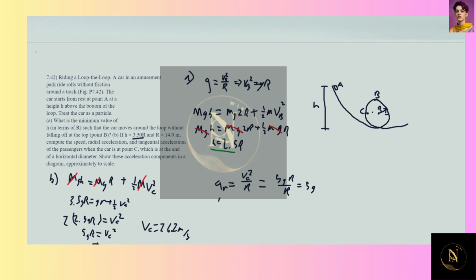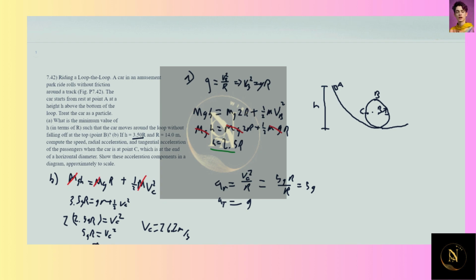And we have our tangential acceleration. The car is not experiencing any normal force in the tangential direction at point C, and it's going straight down, which is tangent to the circle. So that should just be our gravitational acceleration.